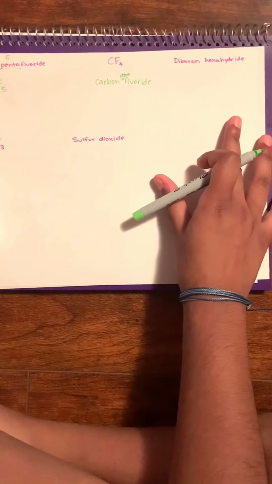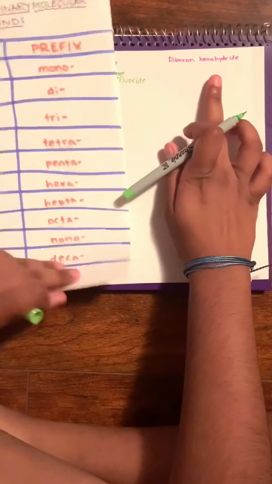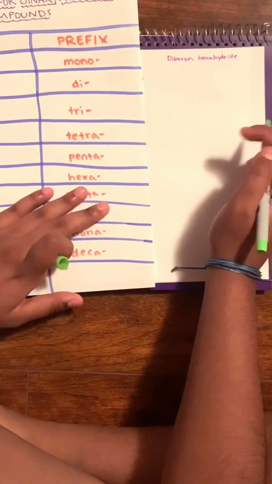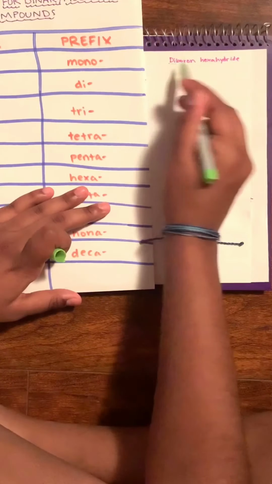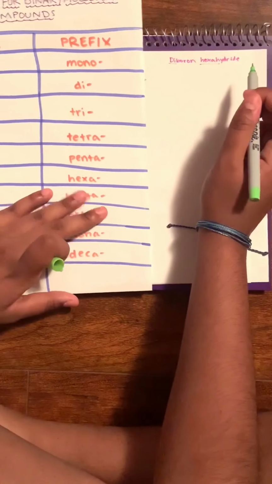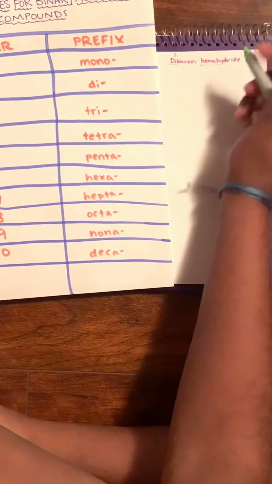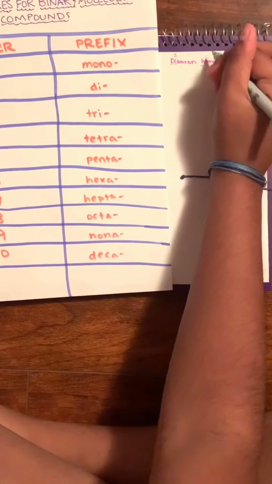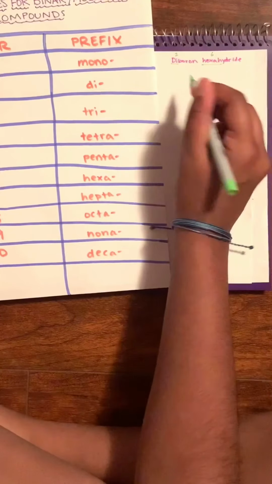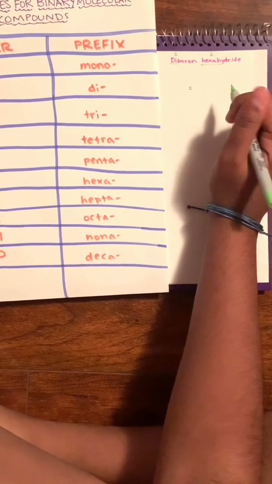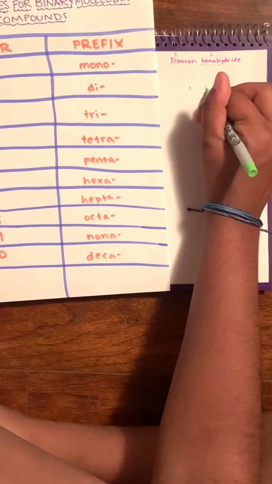The next example would be diboron hexahydride. We have to look for the prefixes again, and there's di and hexa. If you look at the chart, di is 2 and hexa is 6. So now we know that the first one would have a subscript of 2 and the second atom would have a subscript of 6.